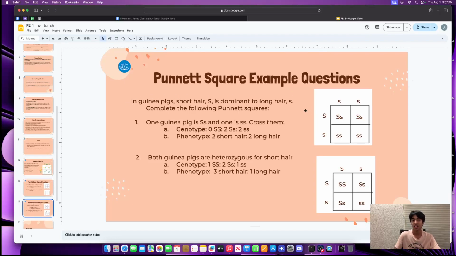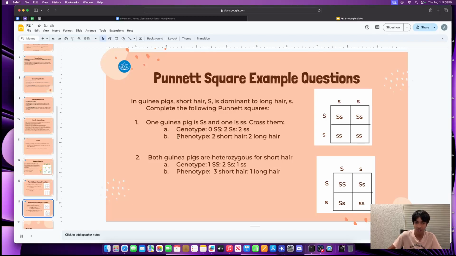So we can see here that the genotype would be 0 SS, because none of these parents has another uppercase S. Thus, if one uppercase S multiplies with any of these, it cannot be two uppercase S's, because there is no uppercase S here. And then two uppercase S, lowercase s, because the uppercase S can multiply with the lowercase s, and two lowercase s, because obviously the lowercase s's are really common here.